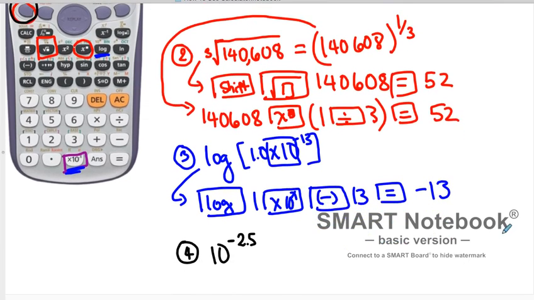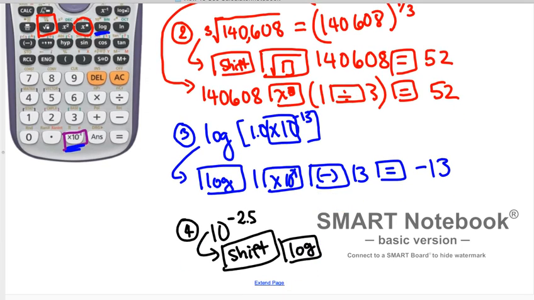So to put this into your calculator, the first button you'll press is Shift. Then you're going to press the log button. And remember, these two combined one after the other will grant you access to 10x.